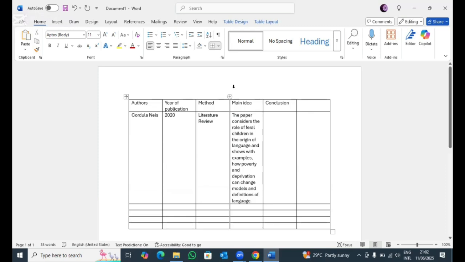Because I think it's better to have a summary here first. So you know what the summary is, then you have the main idea. So the main idea from what I gathered there, though I didn't read the main paper, is that poverty. Okay, there is something I missed out.